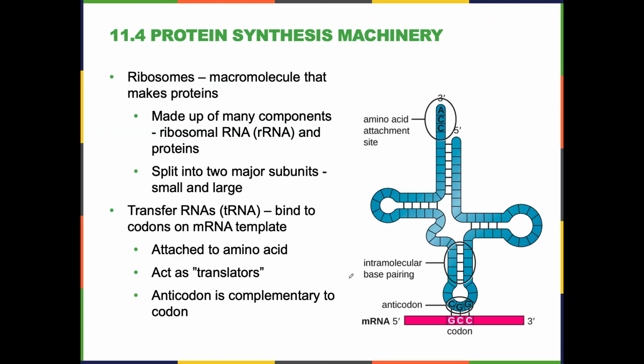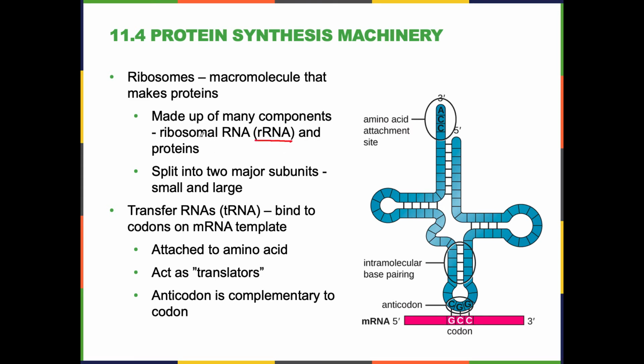All right, before we can start translating, we need to learn a little bit more about some of these components, right? 2 major components are the ribosomes. And remember what the ribosomes do? They make proteins, right? This is way back in module 2. And ribosomes, they're kind of like enzymes, but technically not, because they're made up of both RNA, called ribosomal RNA, notice the small r, and proteins.